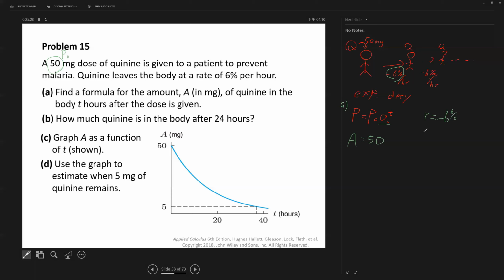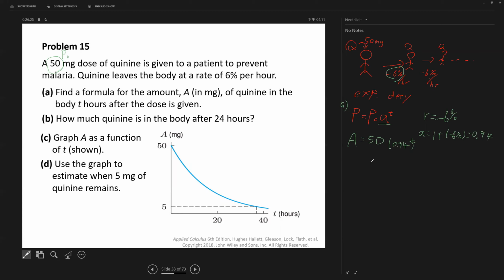All right, so little a is going to be 1 plus negative 6%, which is 0.94. Okay, 0.94 to the power of t. So that's the answer for part A.